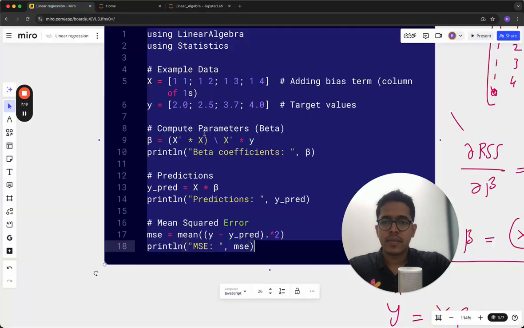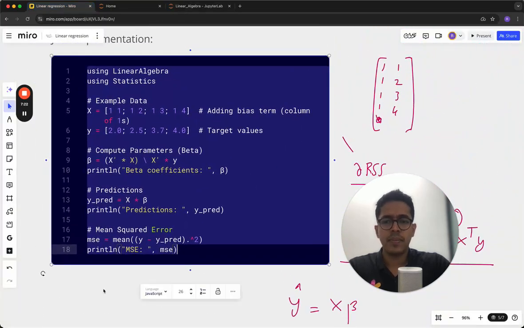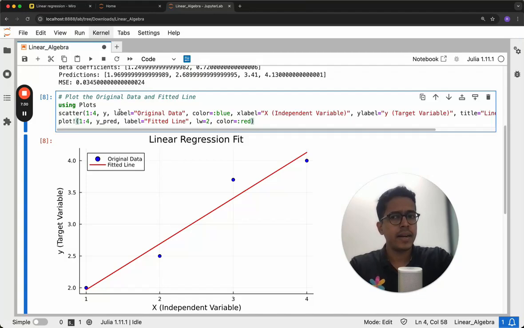One more thing is the visualization. I wanted to plot the predictions as well as the line as well as the points. So let us do that also. So I have made a scatter plot using Plots.jl.